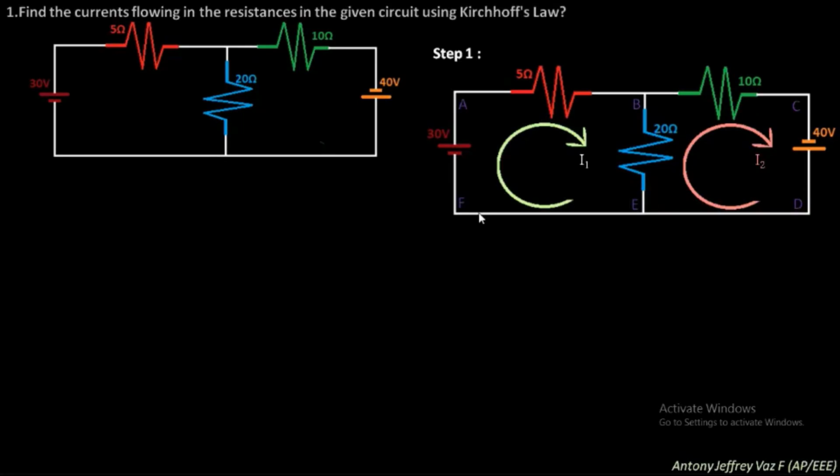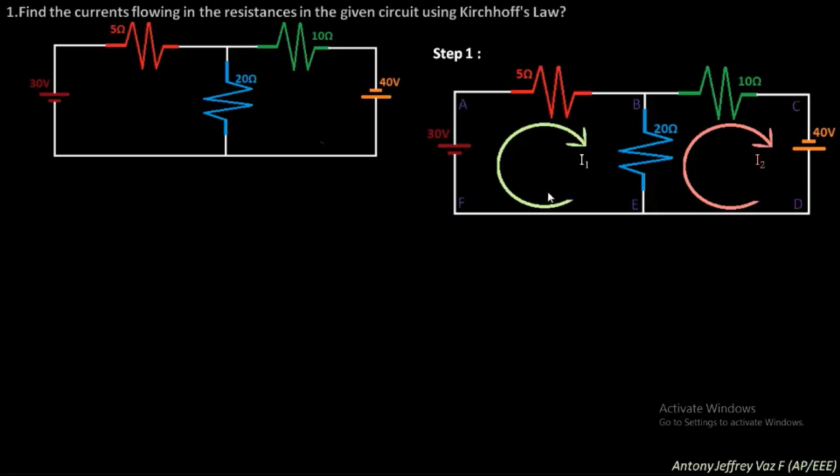Next, you need to assume that the currents are flowing in the clockwise direction. First you need to know what a loop is. This one is considered to be one loop, and this one is considered to be another loop. This is loop 1 and this is loop 2.